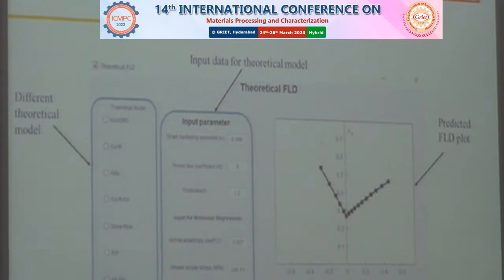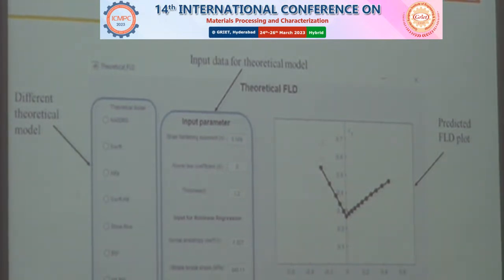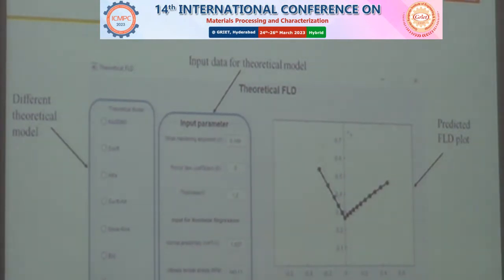Okay, and we also provided something called the forming limit diagram, which is used for evaluating the formability of materials. People will construct this forming limit diagram once a new material comes. In order to understand its formability, they do a Nakajima test and construct this forming limit diagram.